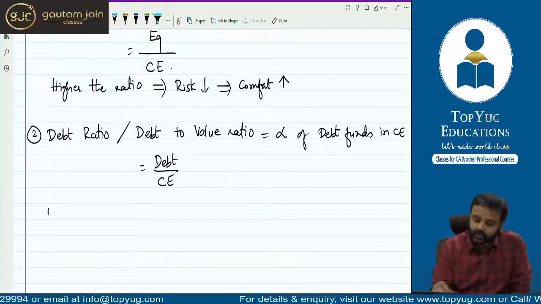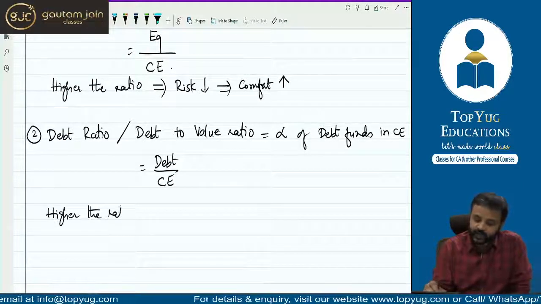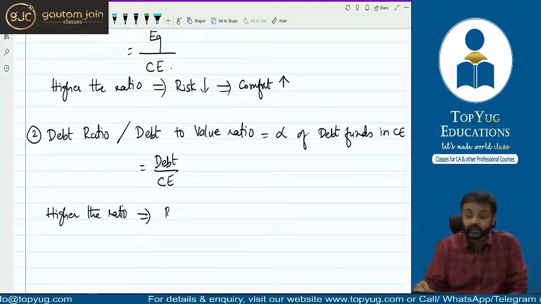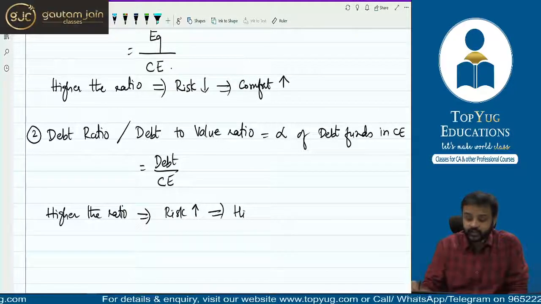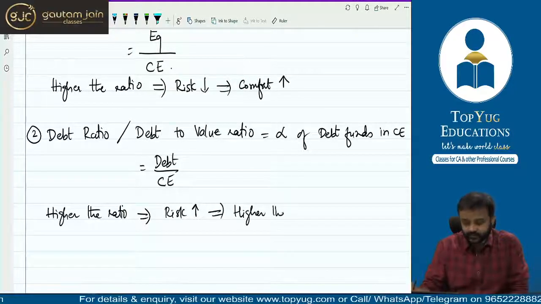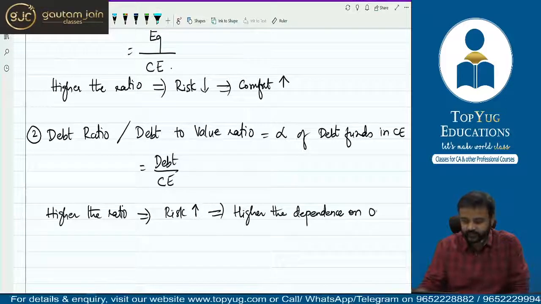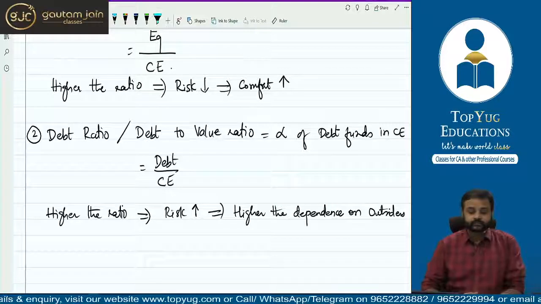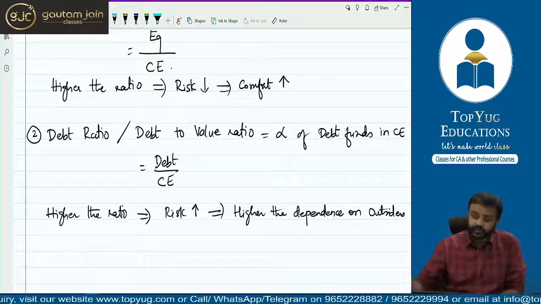Now tell me, higher the ratio will imply what? Higher the risk, right? Higher the dependence on outsiders. So kindly understand, if more and more debt is used, the risk also will increase.